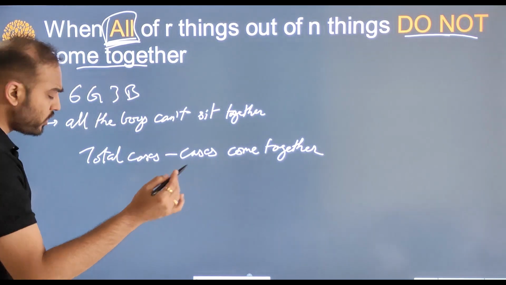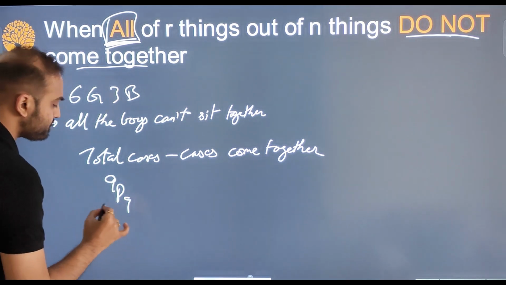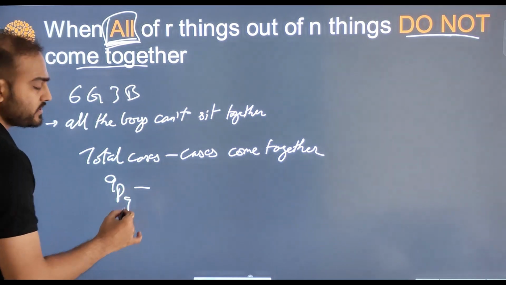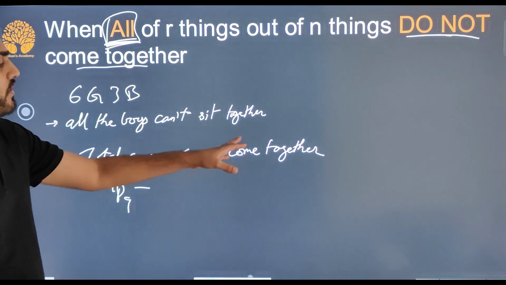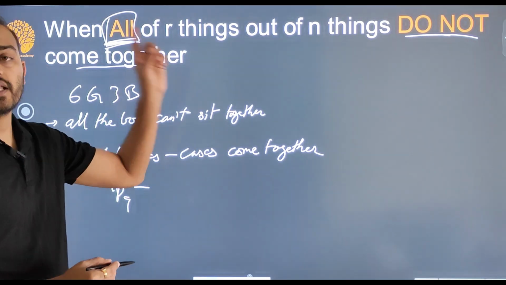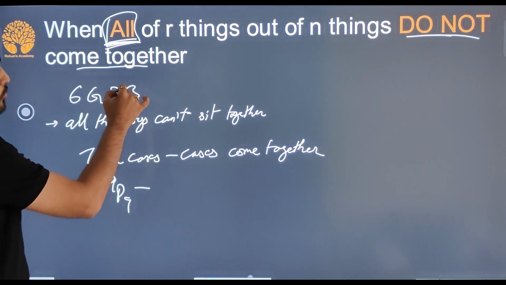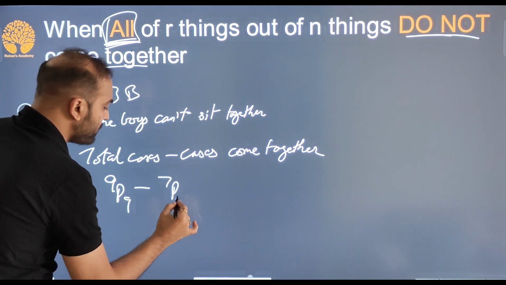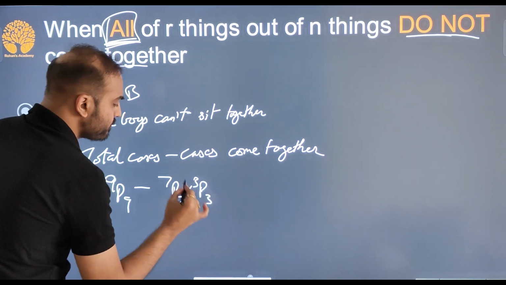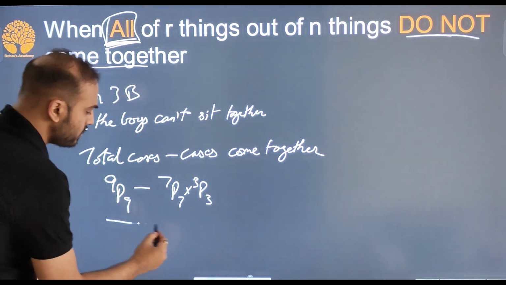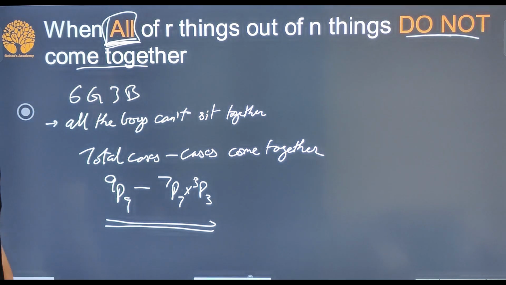They can sit anywhere they want. So that's 9p9, minus the cases when they come together. This we have done in the previous one. We'll combine all the boys into one count. That's 7p7 times 3p3. So that's 9p9 minus 7p7 times 3p3.